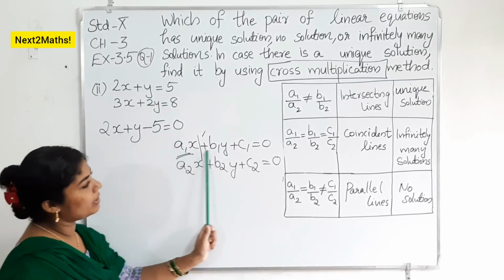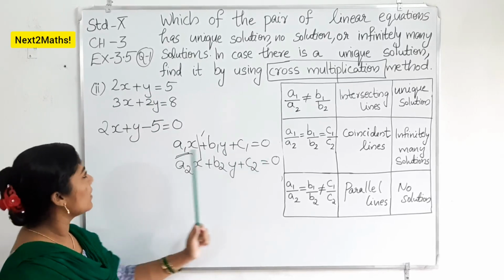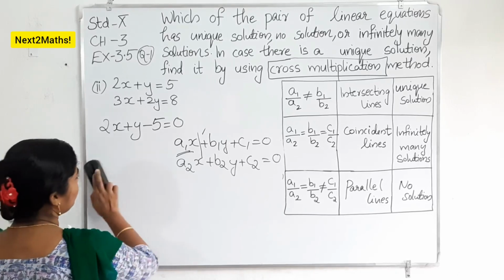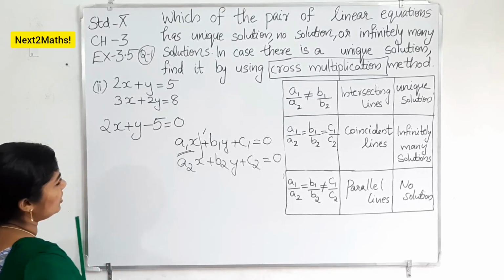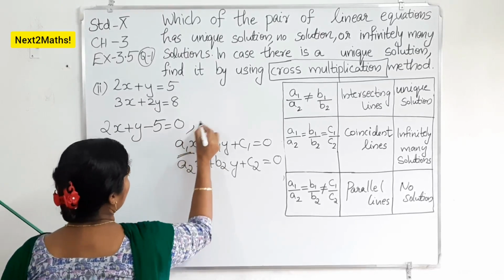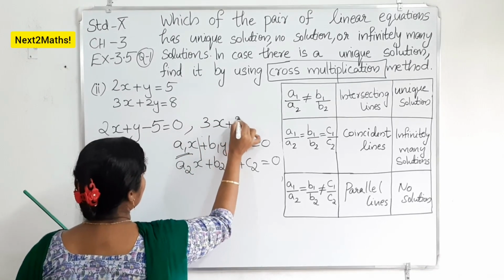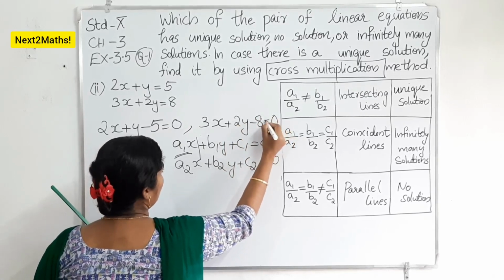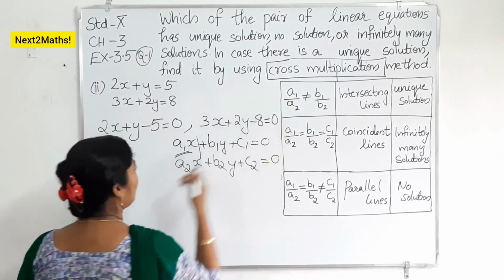Now it compares with the general form. Similarly, let's write the second equation also. Your second equation is 3x plus 2y minus 8 equal to 0. So both equations we rewrite like this.